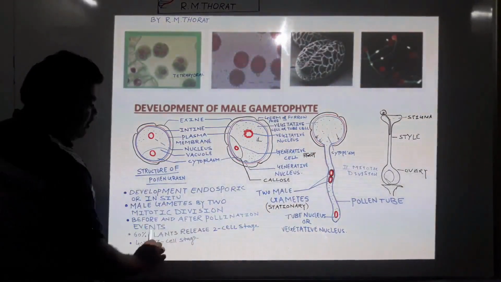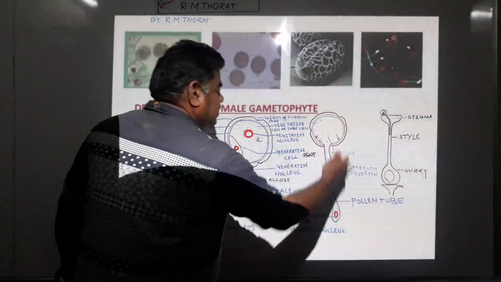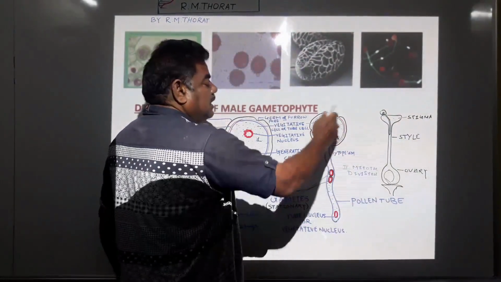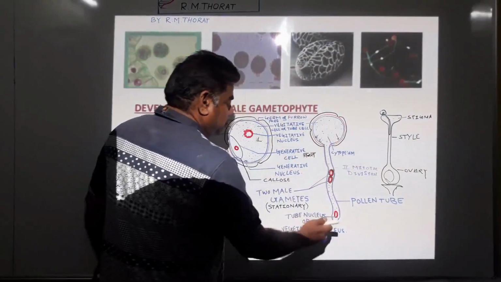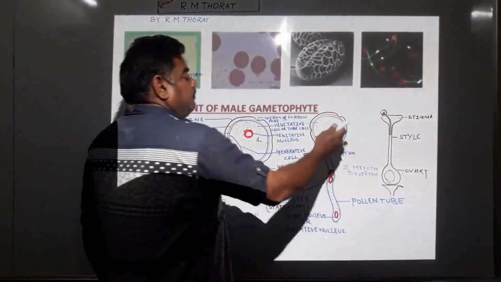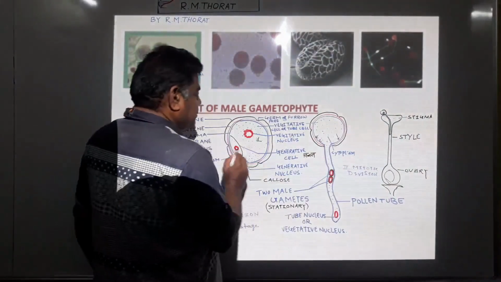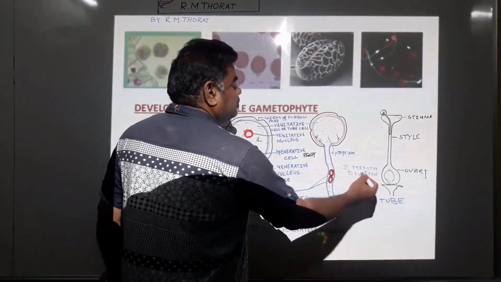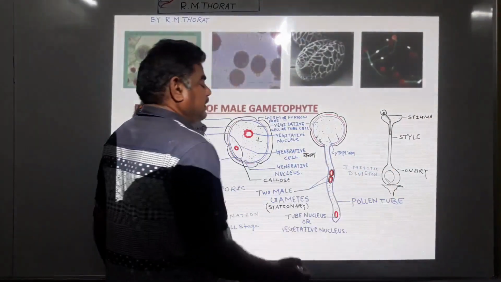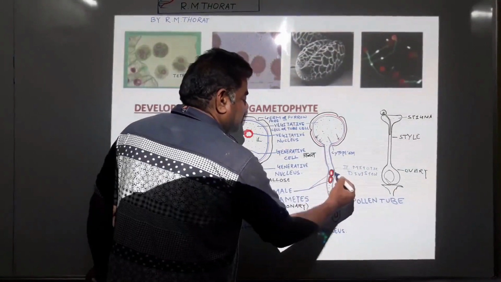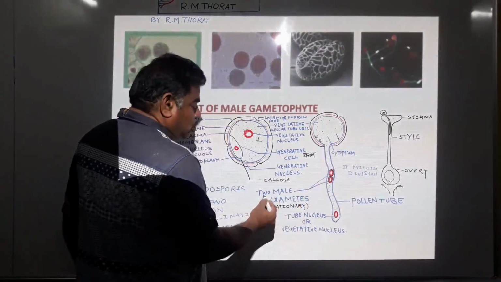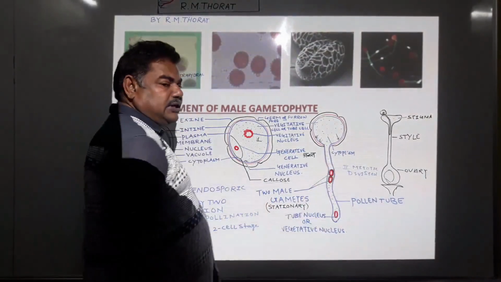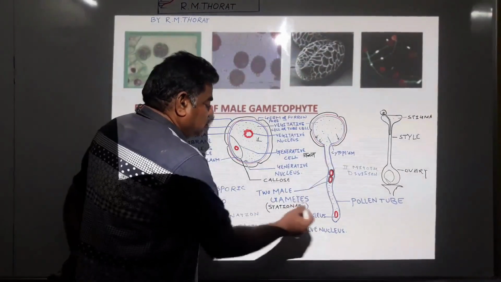After pollination, pollen tube formation takes place. In this pollen tube, cytoplasm comes. In the cytoplasm, first the tube nucleus or vegetative nucleus comes, then along with the cytoplasm the generative cell comes. In the generative cell the second mitotic cell division takes place, due to which lastly two male gametes are formed.